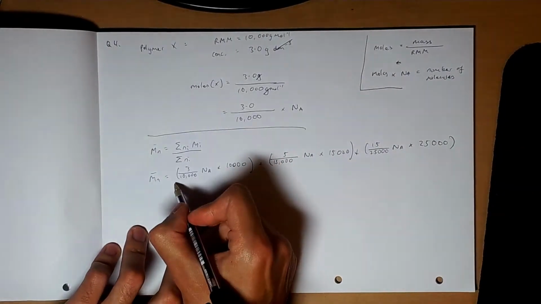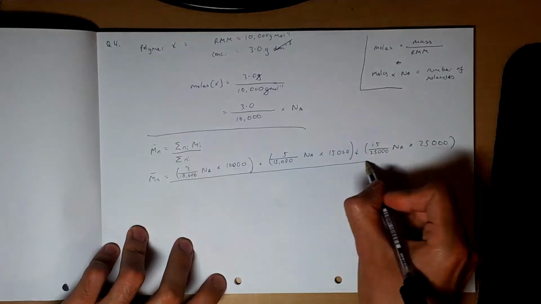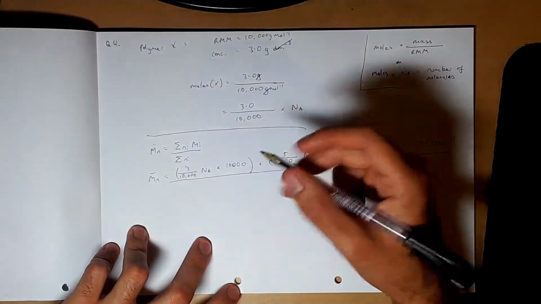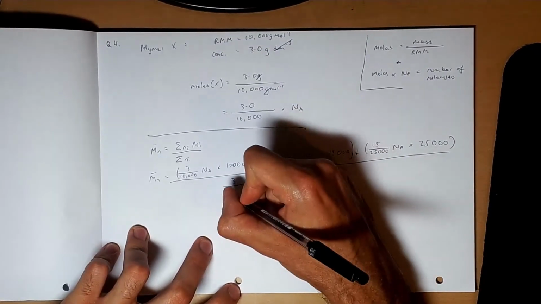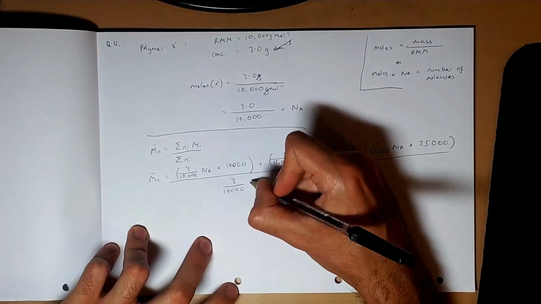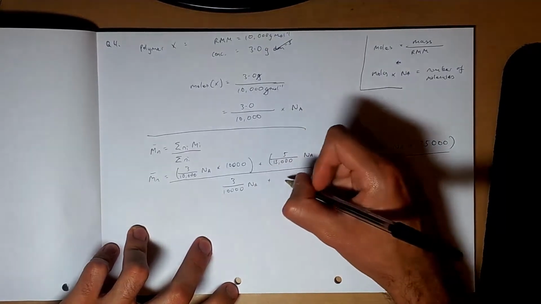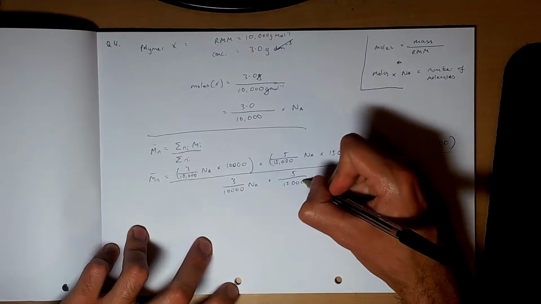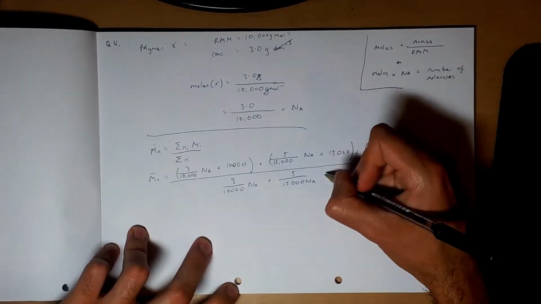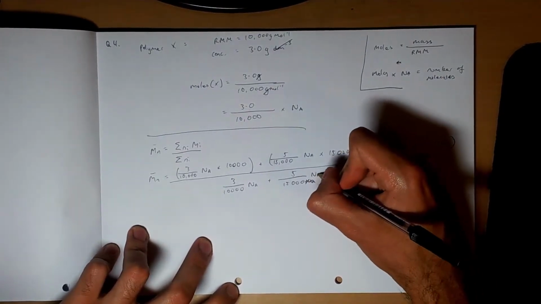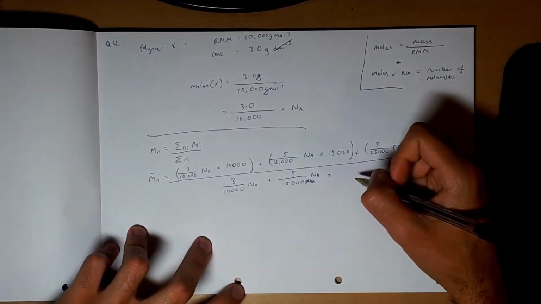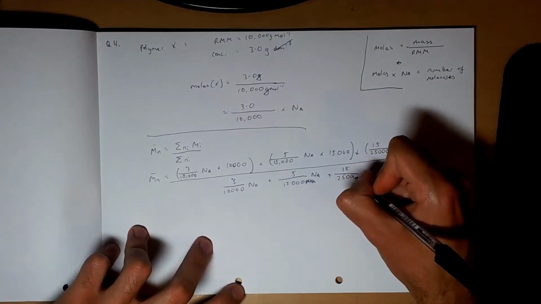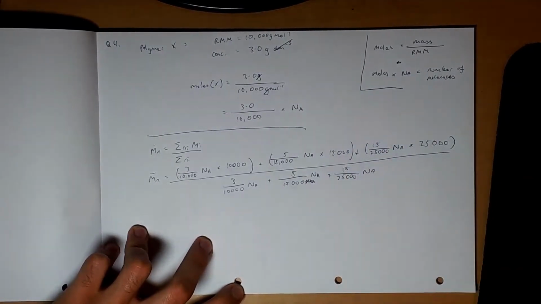So this will all be over our Ni values, which would be 3 over 10,000 Na plus 5 over 15,000 Na, just to avoid confusion, plus 15 over 25,000 multiplied by Na.